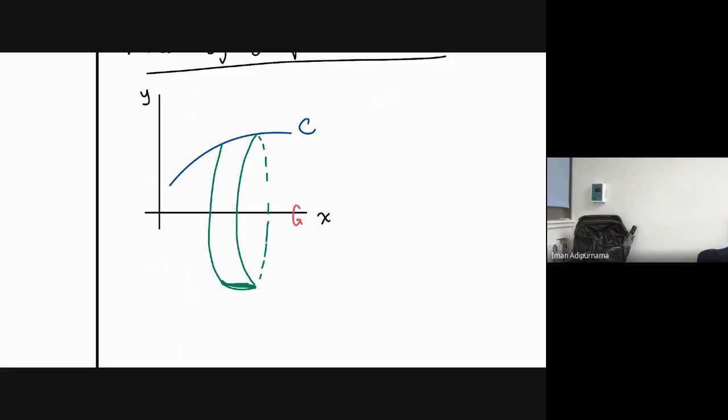What surface area means: before these sections, you were already familiar with rotating and then finding volume, right? And we can use the disk method, shell method, and so on. But here we are focused on finding the surface area.